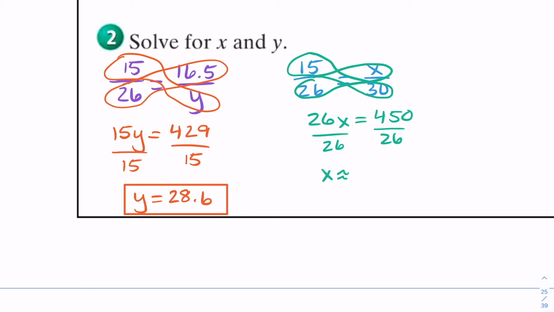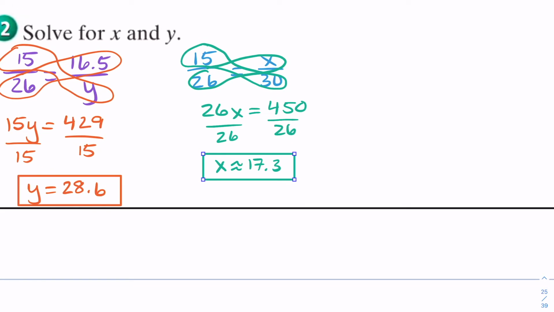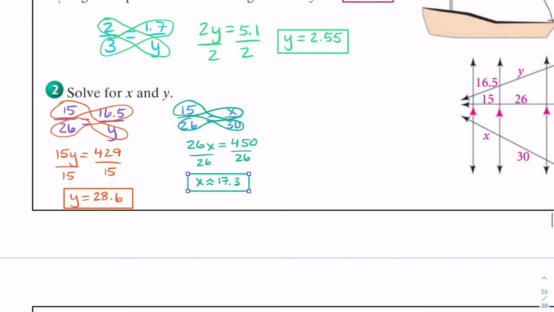X approximately equals 17.3. Yep, 17.3. If I leave it as a fraction, let me find some factors here. It would be 225 thirteenths. So let's just round it to 17.3.